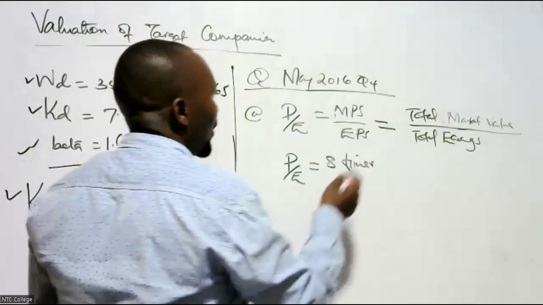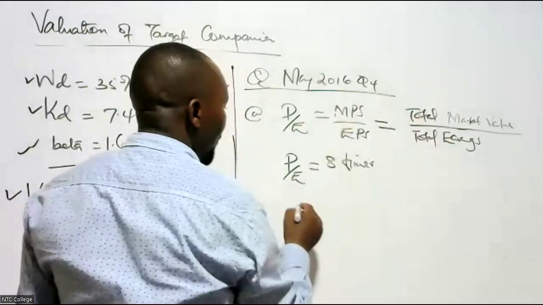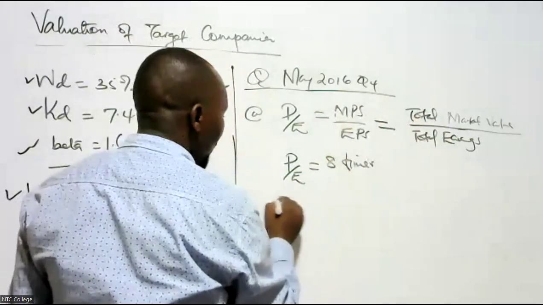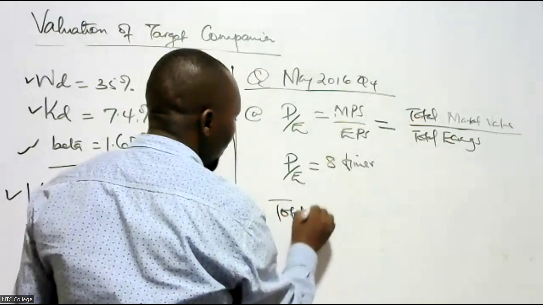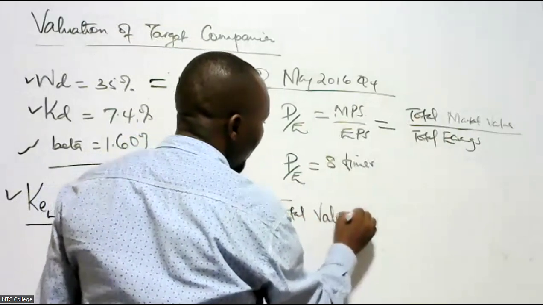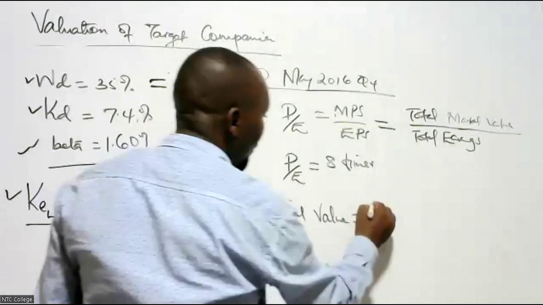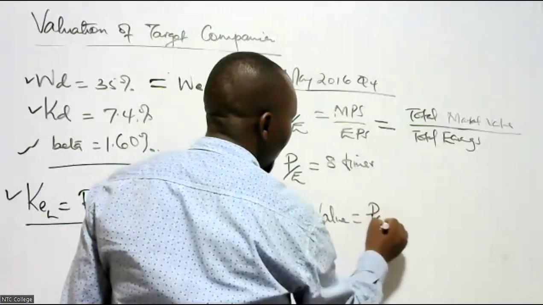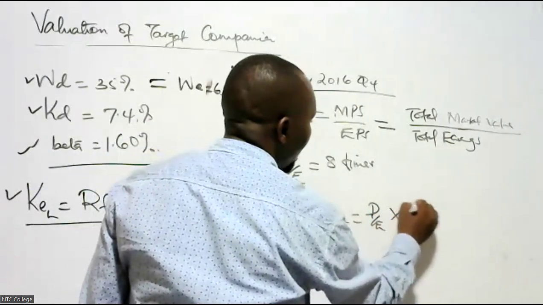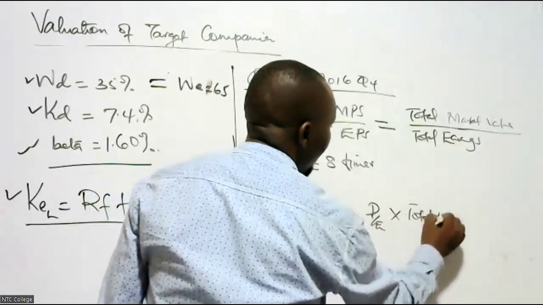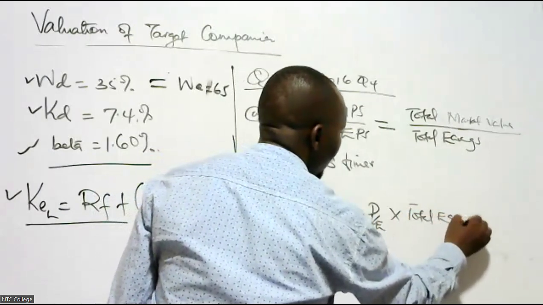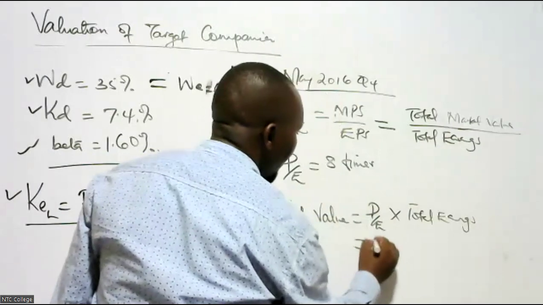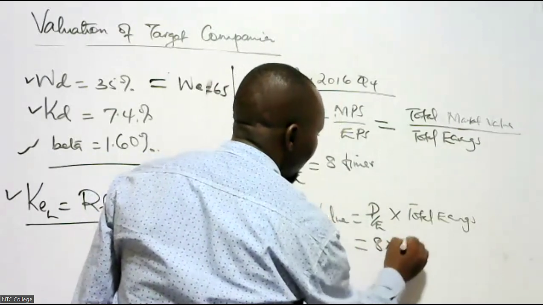Look at that now. Make the total market value the subject of the formula. So you say that total value is equal to PE ratio times total earnings. Are you given that? It is 8 times 86.